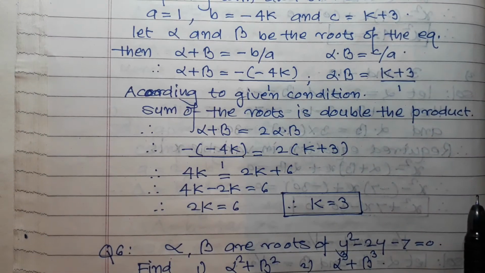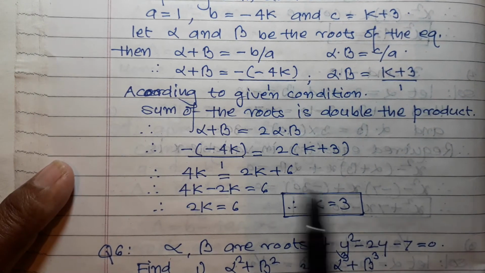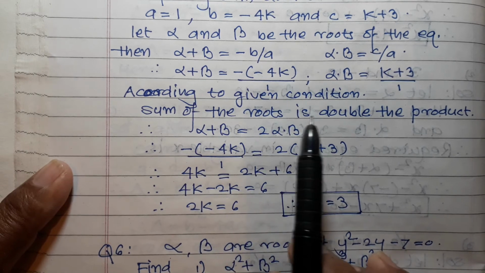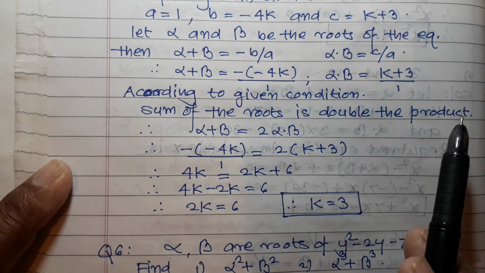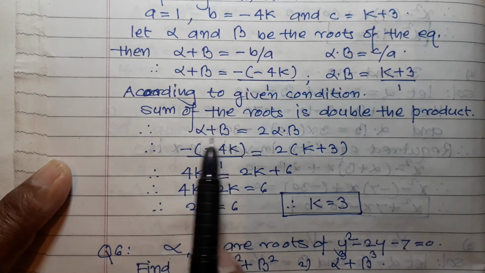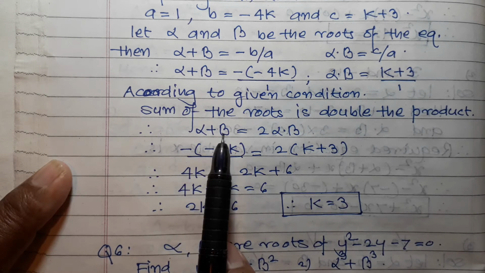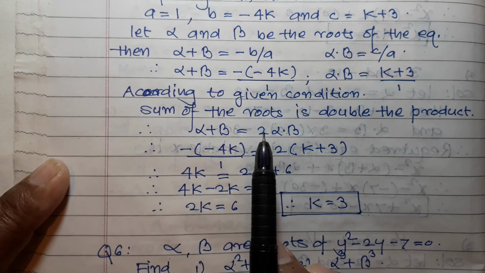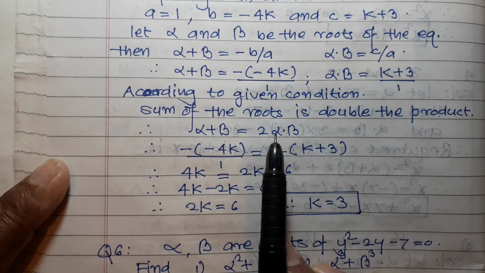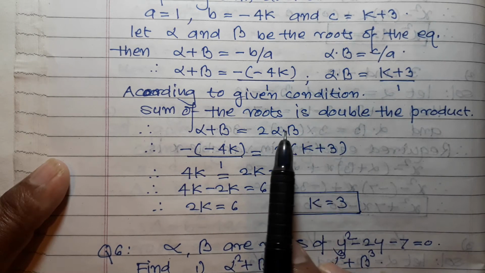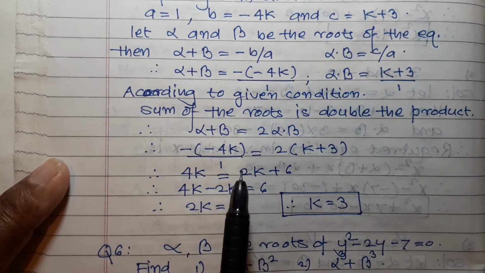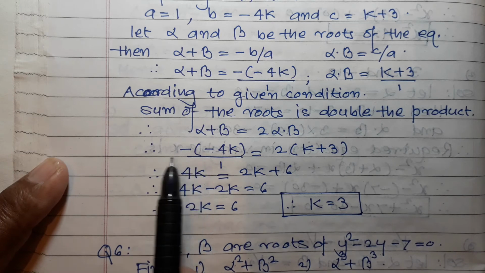Then according to the given condition, what is the condition given? Sum of the roots is double the product. So sum of the roots means alpha plus beta is equal to double means 2 into the product alpha into beta. Okay.